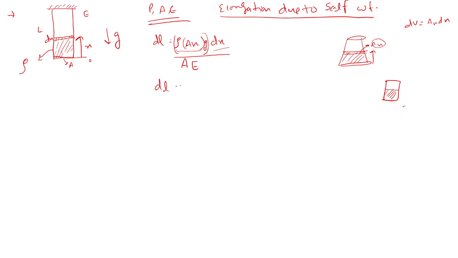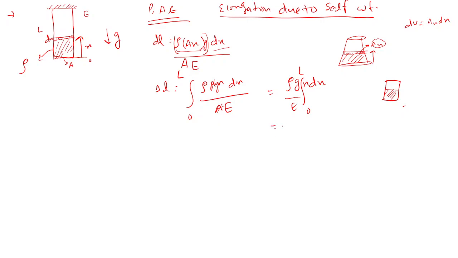So in order to find the delta L, we will integrate this, with x varying from 0 to L: rho A g x dx by A E. Here A will cancel because it is constant. Both are the same. So rho g by E, and integration from 0 to L of x dx. Correct?